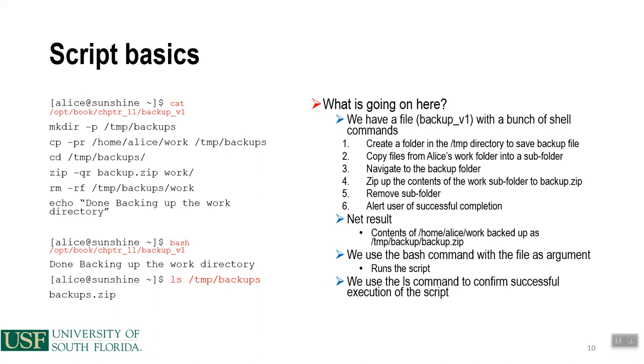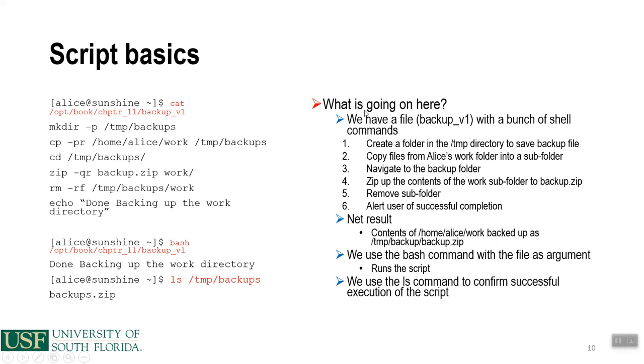So let's jump right into what scripts look like. We have a script right here, and I don't want you to get overwhelmed by this, okay? You see that there's a bunch of commands, and these commands should actually look very familiar to you based off of the work that you've been doing in the VM. So making directories, copying, and so on.